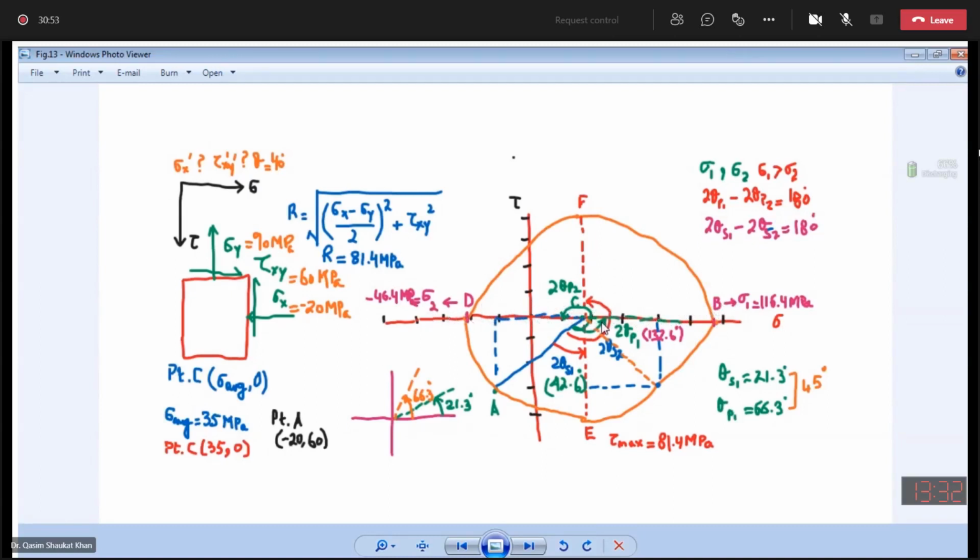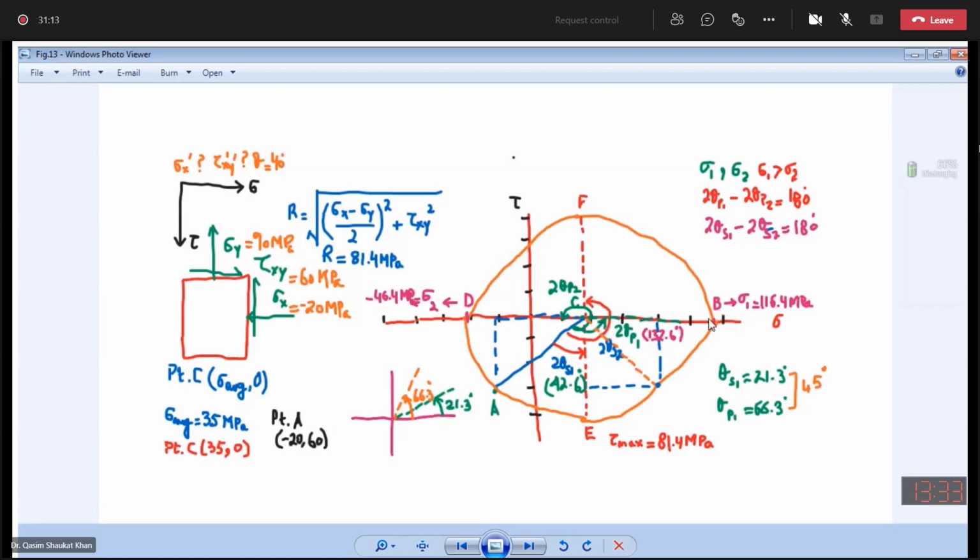Now we know that over the principal planes we have the maximum value of the normal stress and the minimum value of the normal stress. Maximum normal stress is over the major principal stress, and the minimum normal stress will be over the minor principal stress.